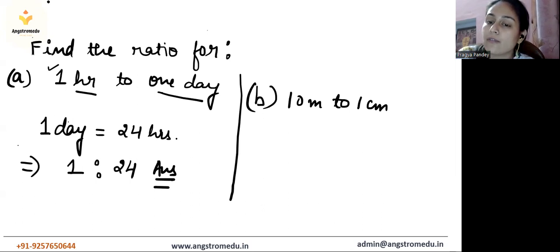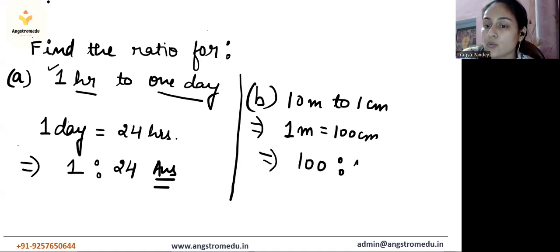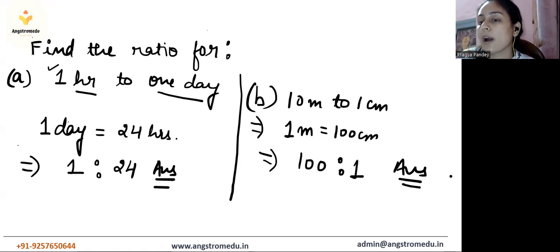In this question, it will be easy to convert meter to centimeter. So we all know 1 meter is equal to 100 centimeter. So we can simply write the ratio, that is 100 is to 1, the required ratio which we were asked for.